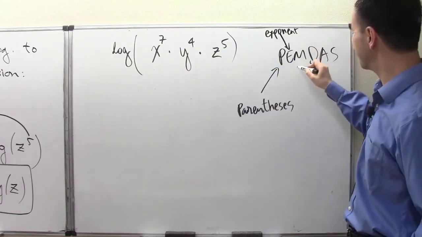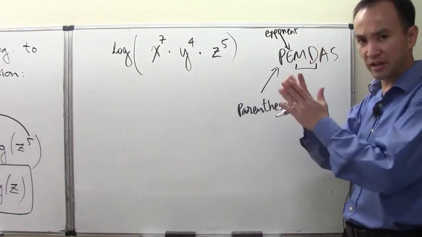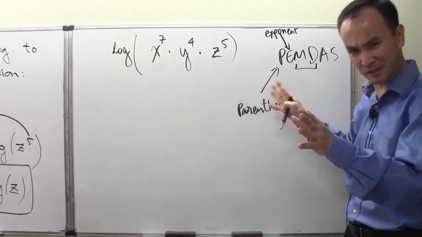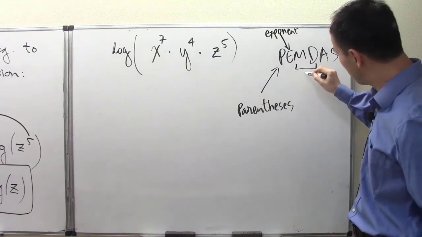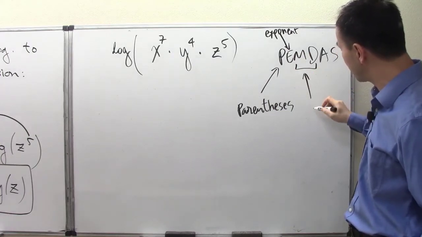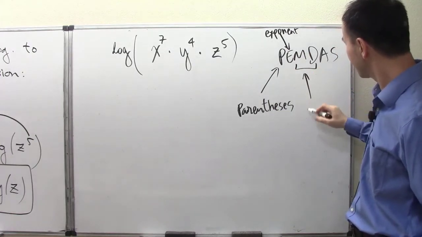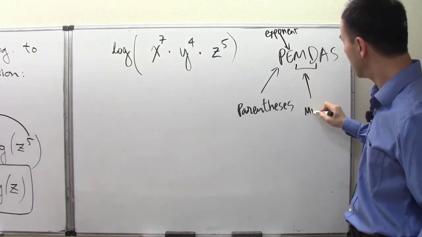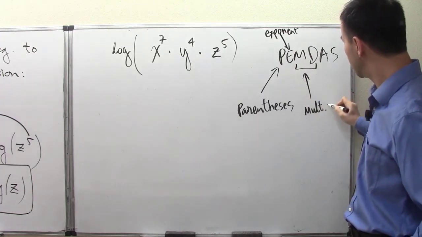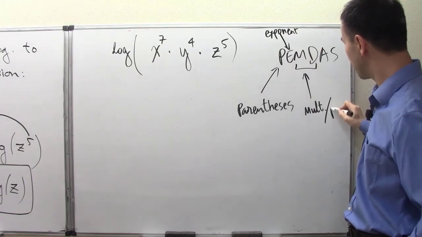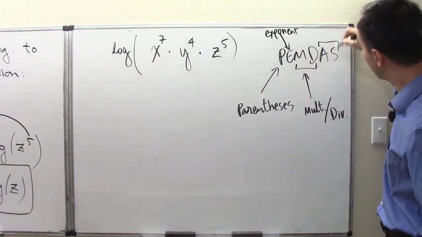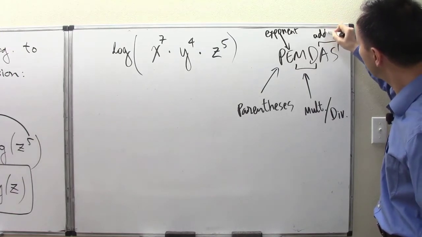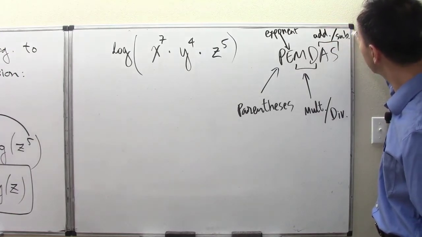Then M and D, we write M before D, but really they have the same priority. So multiplication or division comes after exponents. And then after that, the last one is addition or subtraction.